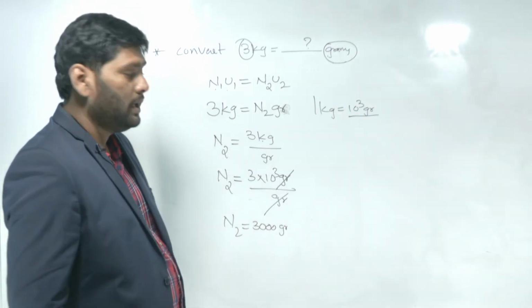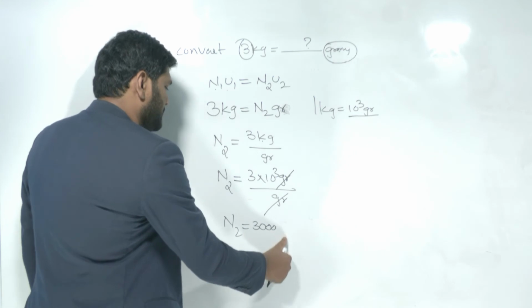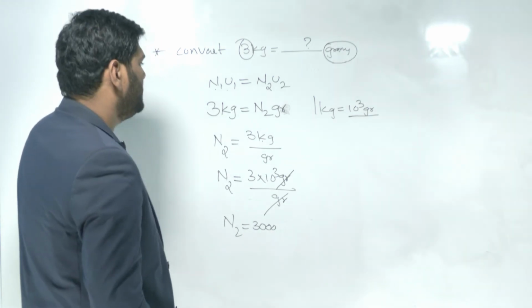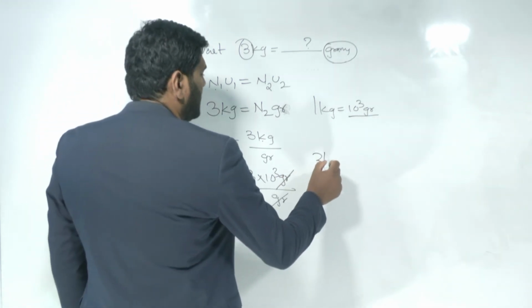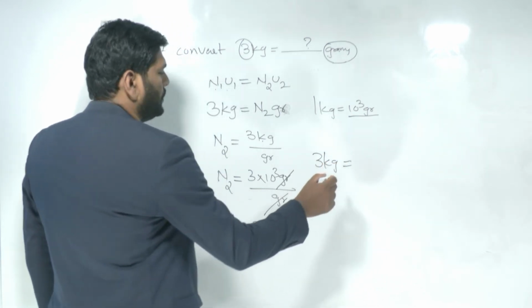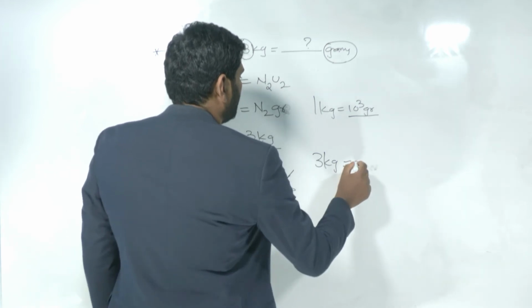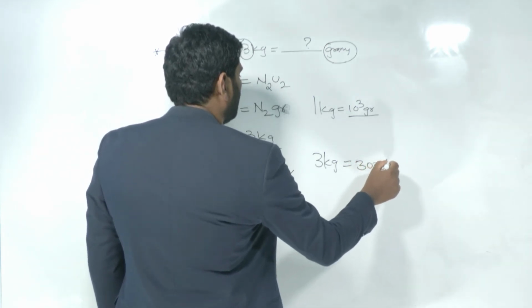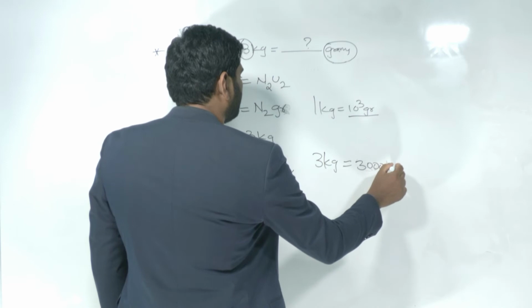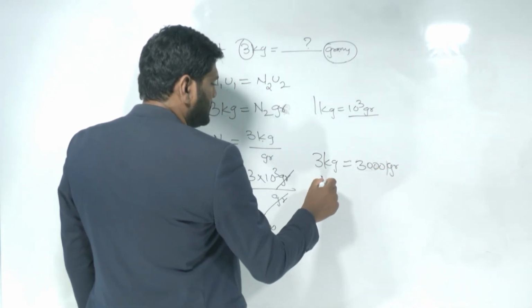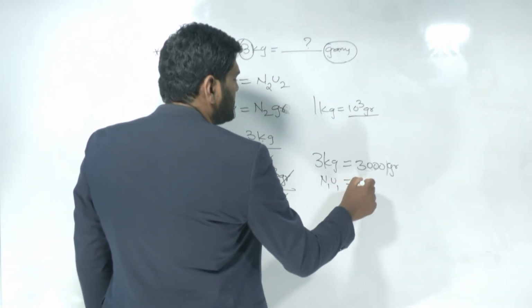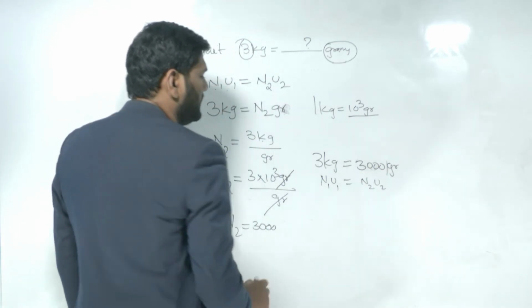So simply, not grams here, 3000. So finally, what is the thing here? 3 kg is equal to 3000 grams. Which means that this is N1 U1, this is N2 U2. Understand?